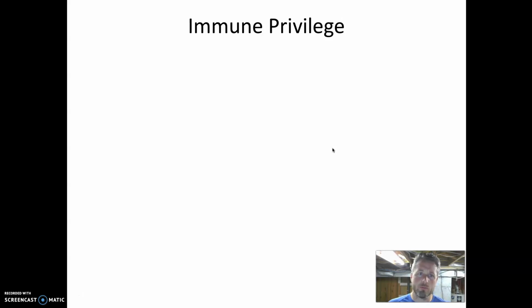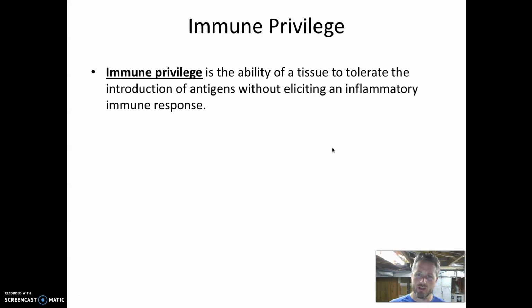So what is immune privilege? Immune privilege just means that this tissue is able to tolerate the introduction of antigens without triggering inflammation. So foreign substances can show up in this organ system, and we won't get inflammation like we do in almost every other organ system.